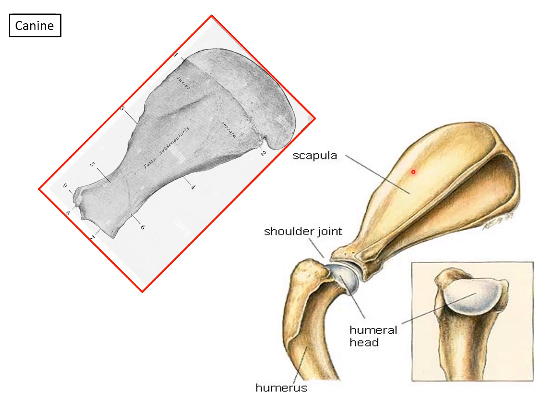The cranial part is called the supraspinous fossa, while the caudal part, the part behind the spine, is called the infraspinous fossa. Lying within the supraspinous fossa is the supraspinatus muscle, and lying within the infraspinous fossa is the infraspinatus muscle.